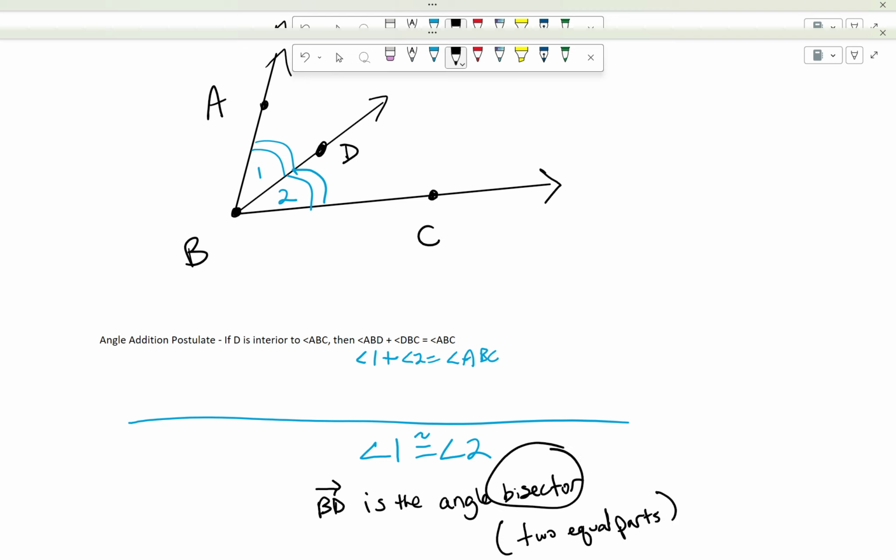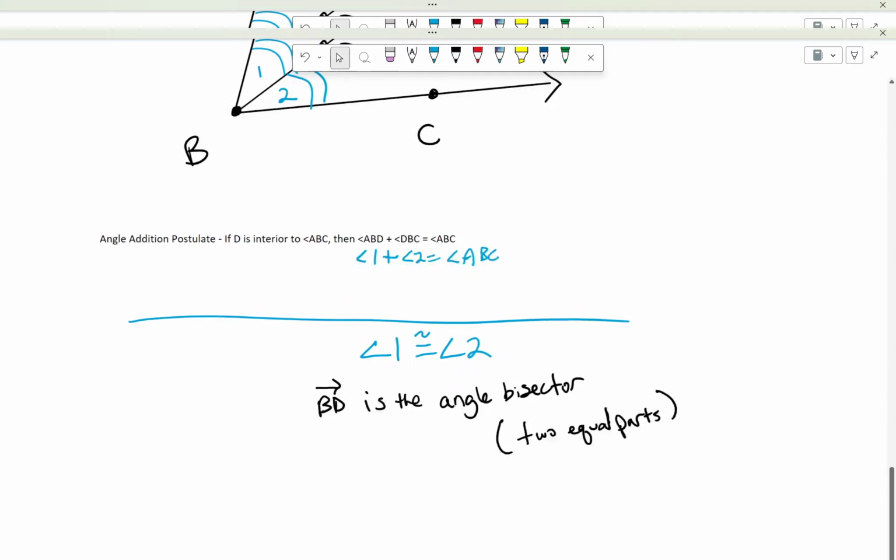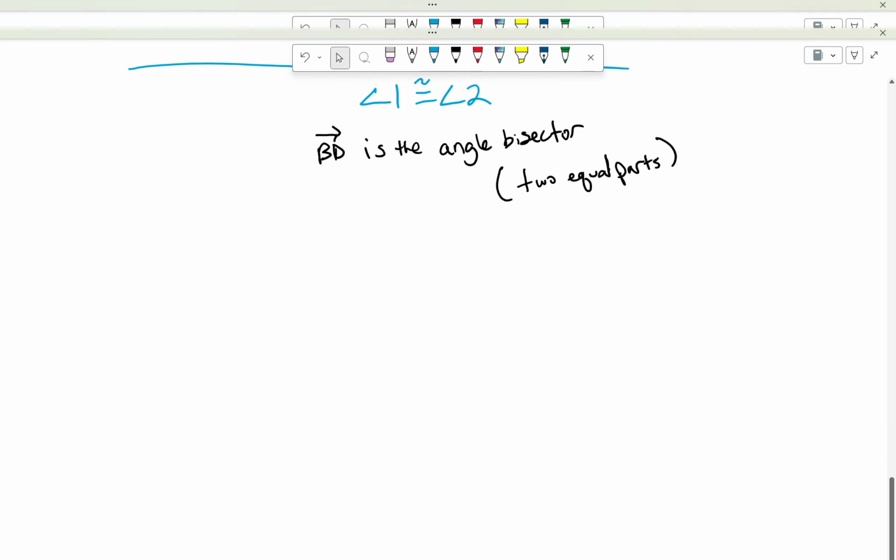Okay, that's what this term bisector means. All right, and we're going to come across that as we continue to do these problems.